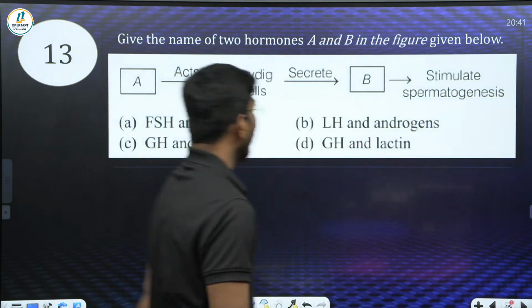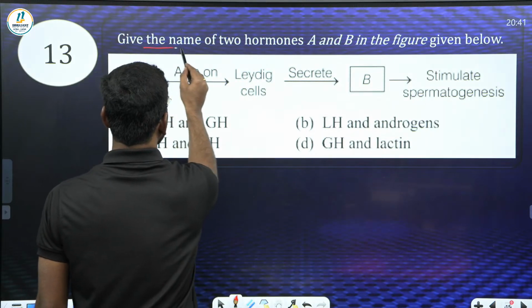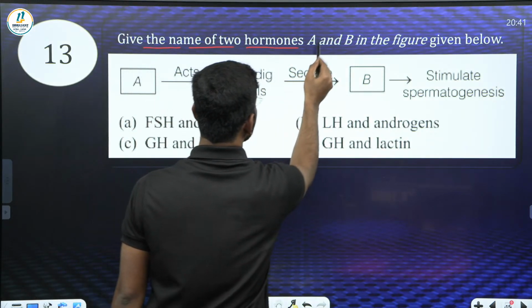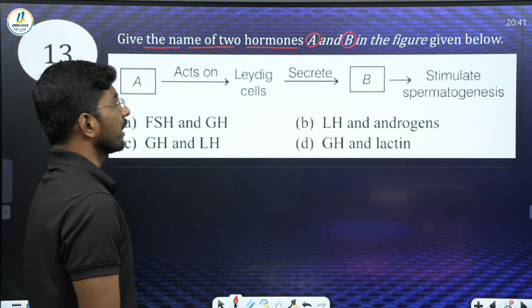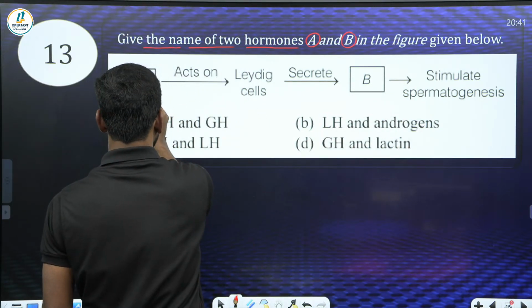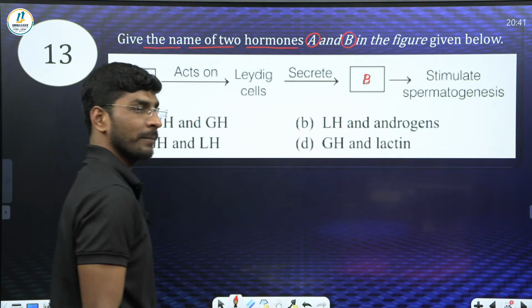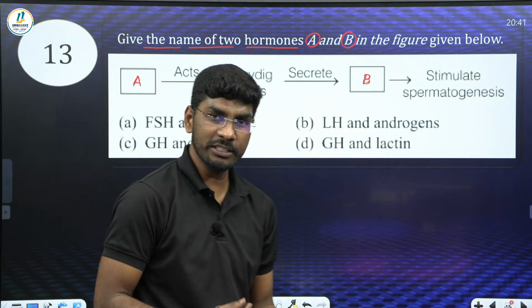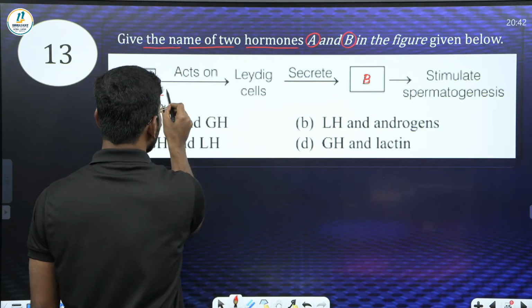What about this question? This question, most important question. In the given figure, name the 2 hormones, A and B. What is this A and what is this B? Any one of you? Good, Sabas, very good, fast. A acts on Leydig cell, so A must be LH.